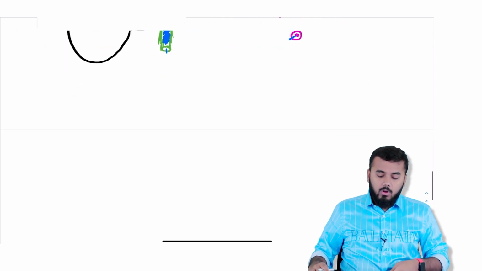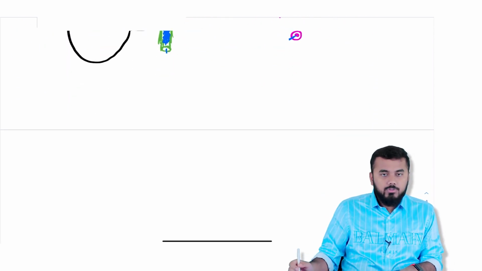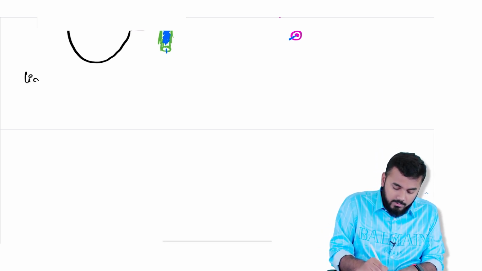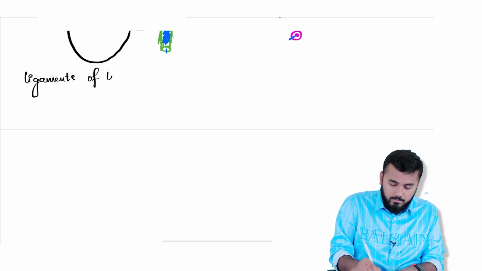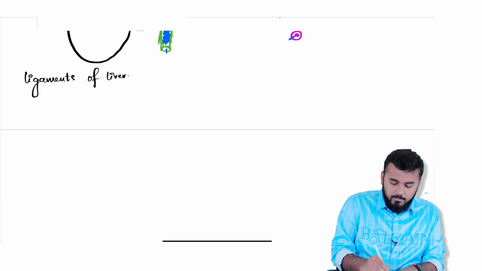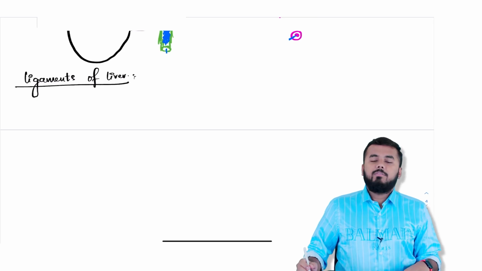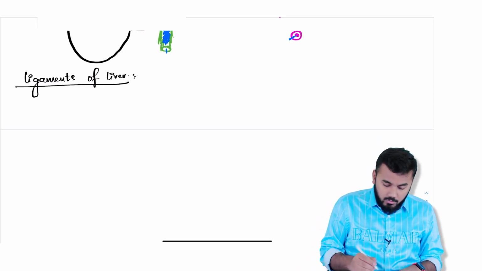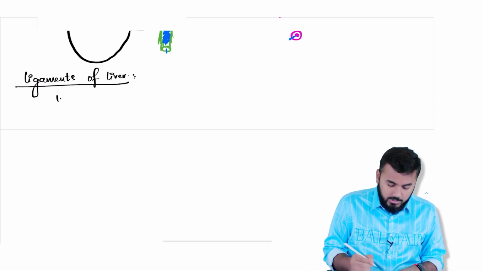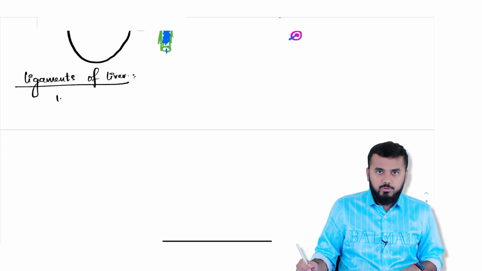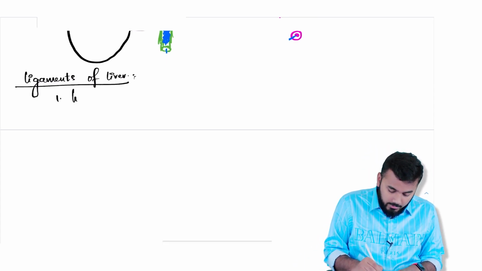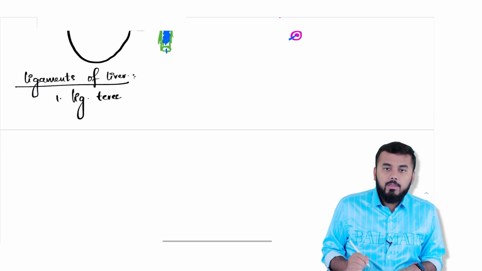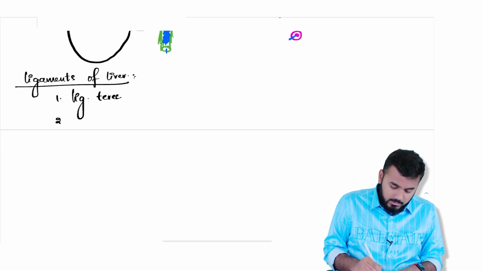Now if I write down all the ligaments, guys, what are the ligaments of the liver? What are the different kinds of ligaments which you have? Look here, all of you. The first important ligament was the ligamentum teres. The second was the ligamentum venosum.